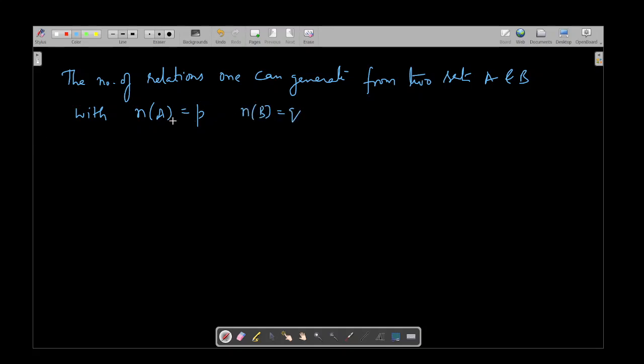That is, the number of elements in A is P and the number of elements in B is Q.